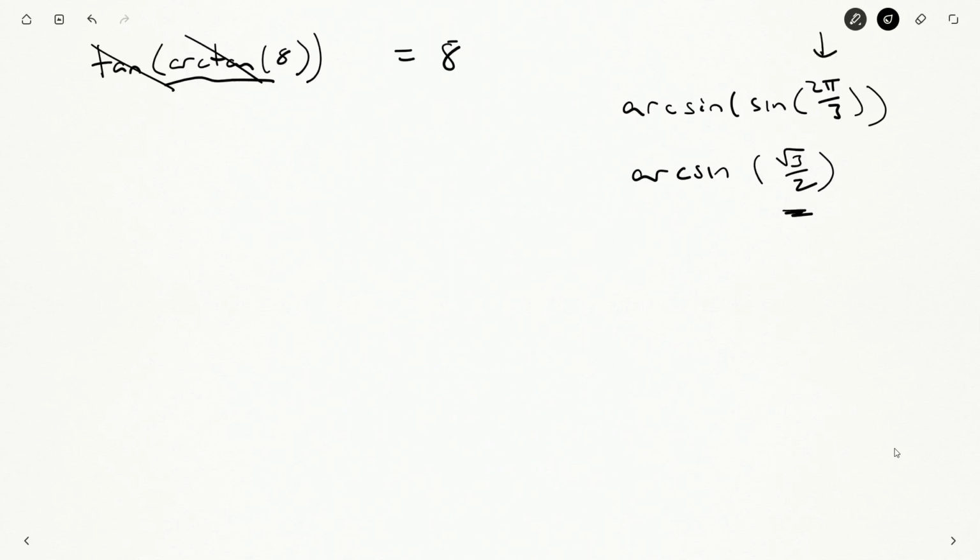Okay? But remember, arc sine, being the last function applied, it only knows about values between negative pi by 2 and pi by 2. Okay? And 2 pi by 3 is outside that range. There's actually a value that you can plug into sine to get root 3 over 2 that is in this range, and that would be pi by 3.